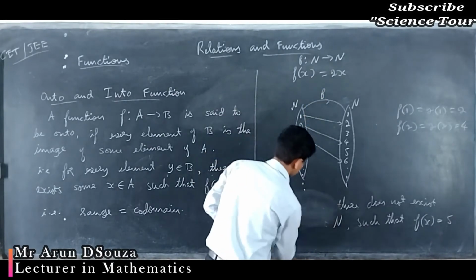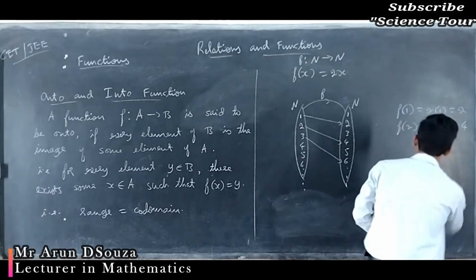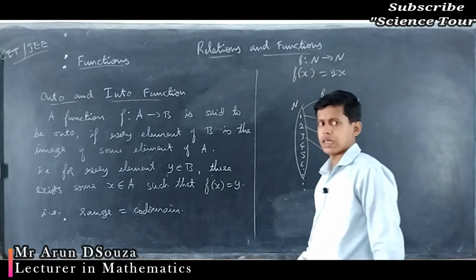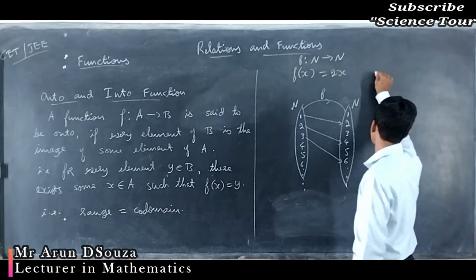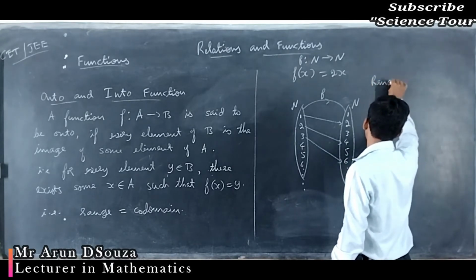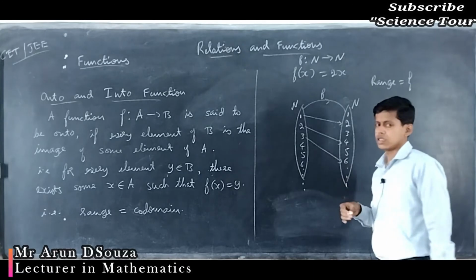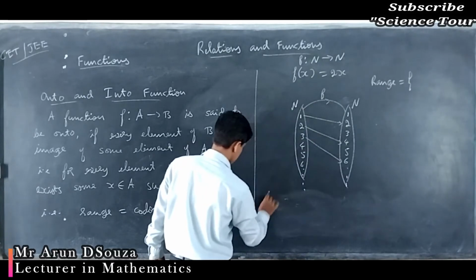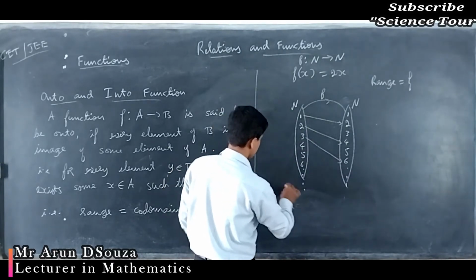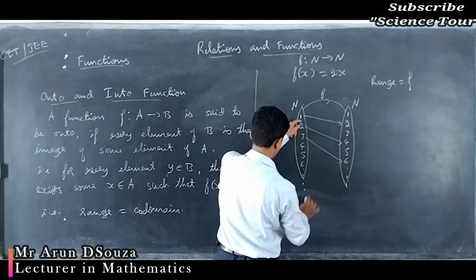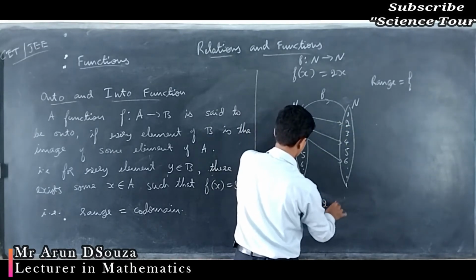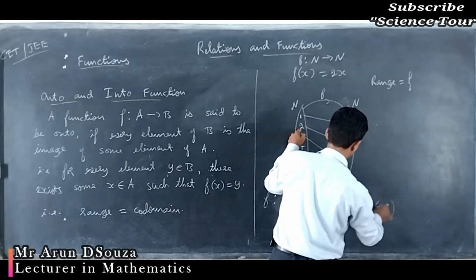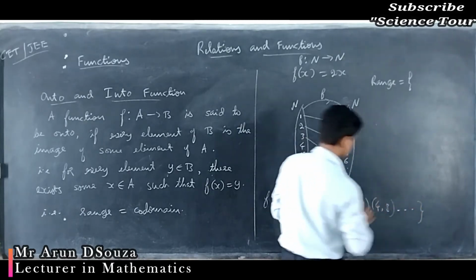Now let me explain that last statement, which says range is equal to codomain. Why do you think that both are equal? Understand what the range is here. Range is only those elements which are related. If I write this function in terms of ordered pairs, then I must write (1, 2), (2, 4), (3, 6), (4, 8), (5, 10) and so on.